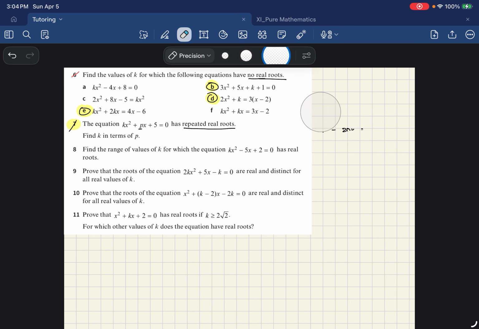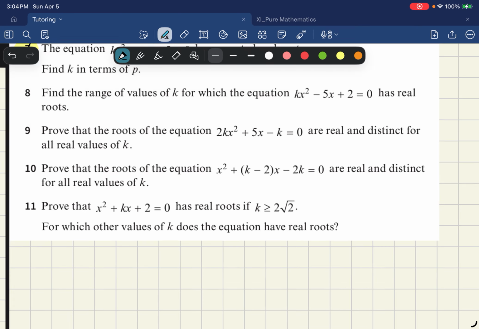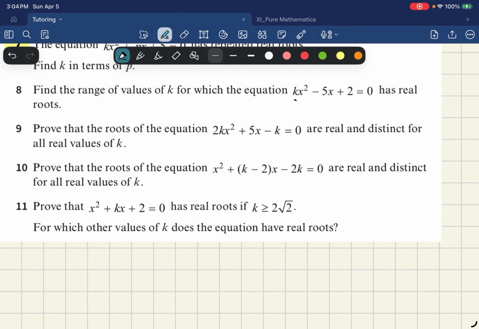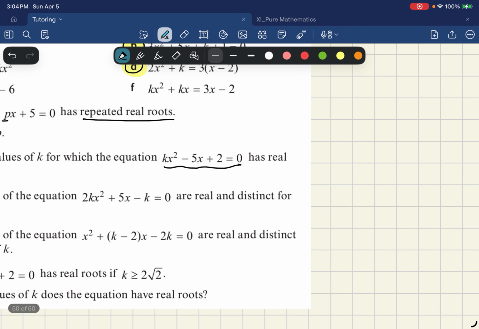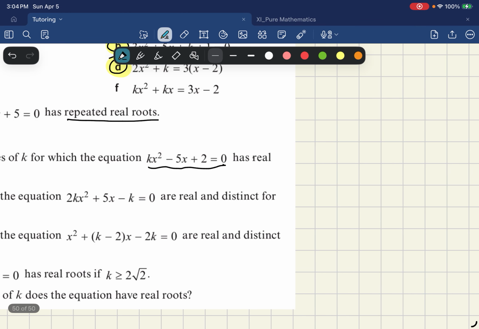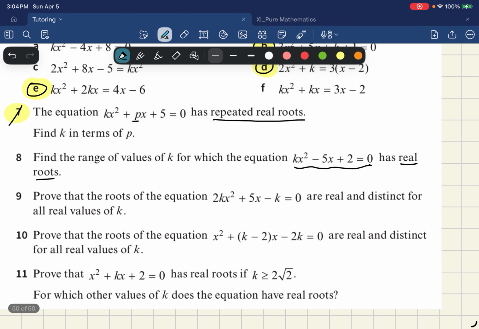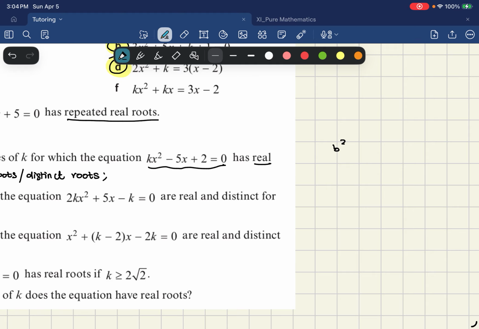All right. Question 8. Find the range of values of k for which this equation has real roots. So basically, if you want real roots, you can have repeated roots, or you can have distinct roots, right? You can have 2 distinct roots, you can have 2 repeated roots. Those are all real roots. So the condition here is b squared minus 4ac is bigger than or equal to 0. We just don't want it to be negative.